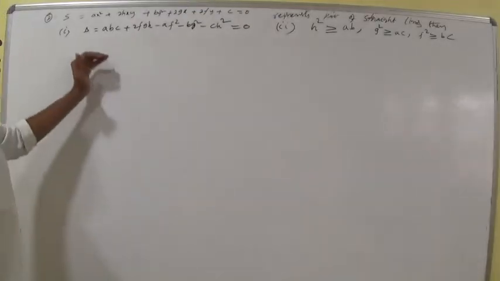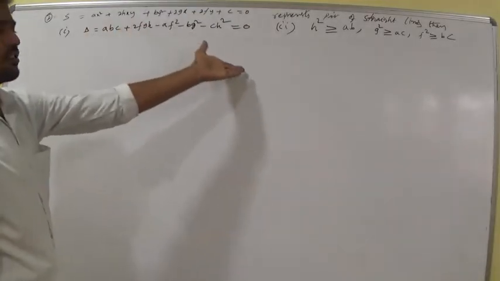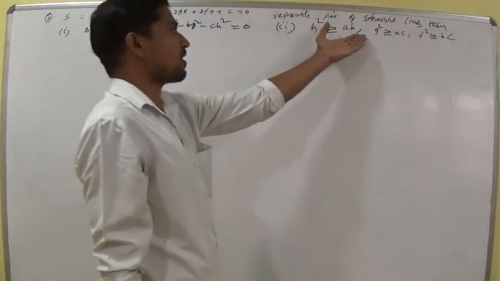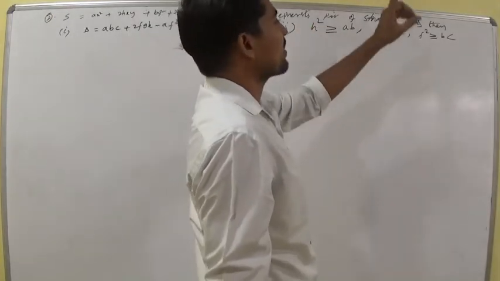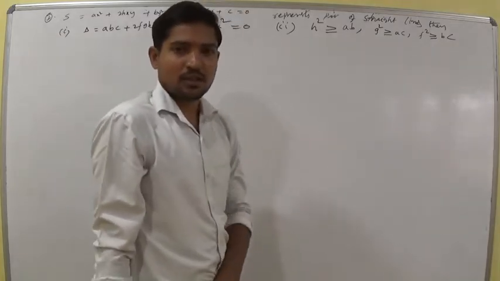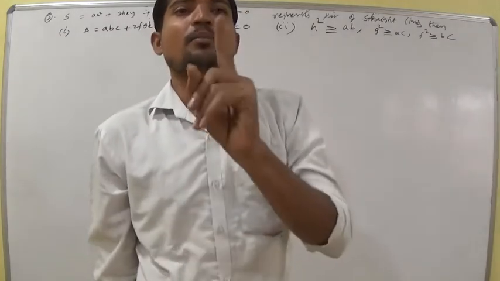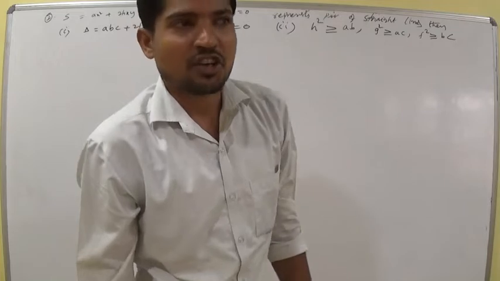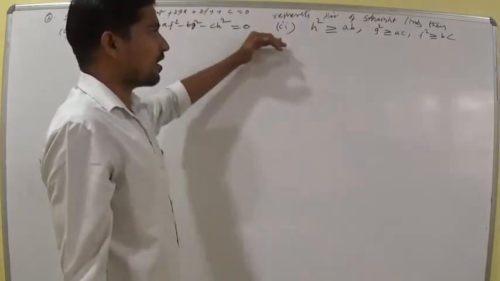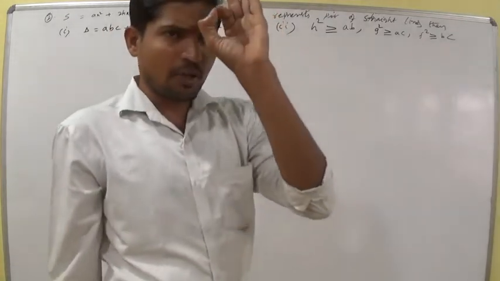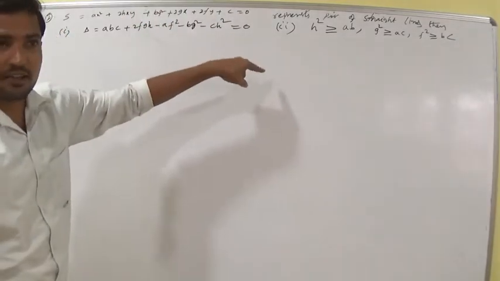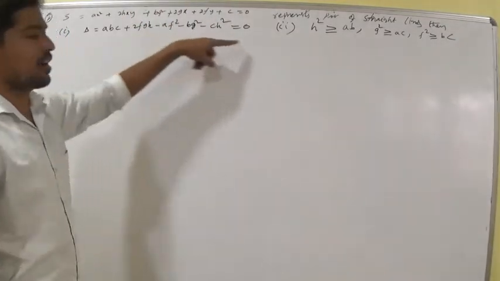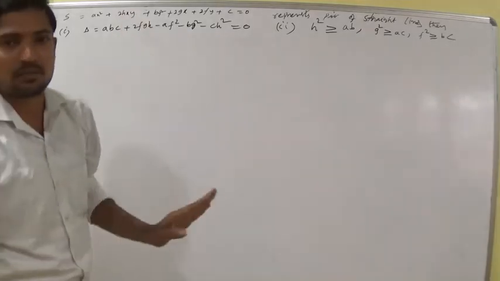Clear? But suppose everything is satisfied, delta is equal to 0 I got, and h square greater than or equal to ab I got, but g square less than ac I got, then that does not represent a pair of straight lines. To represent a pair of straight lines, it should satisfy each and every condition given here.